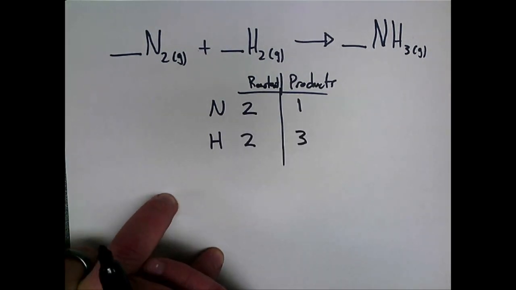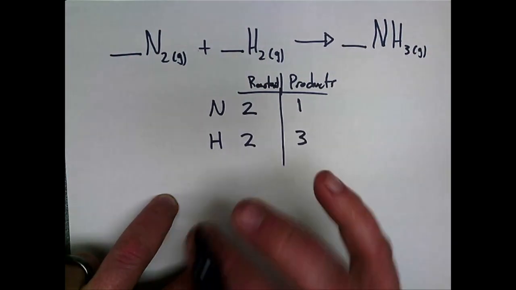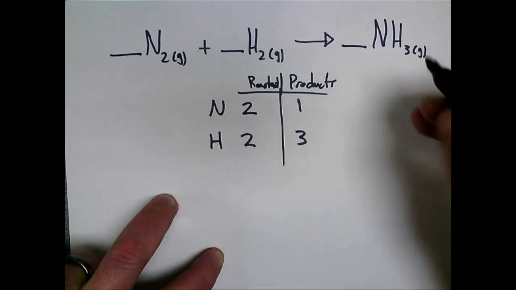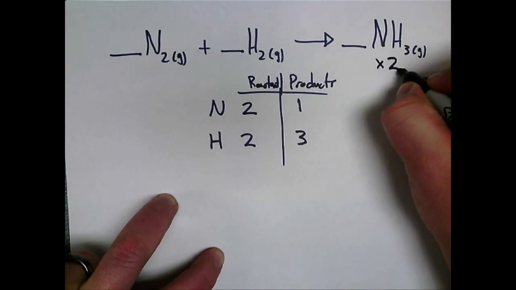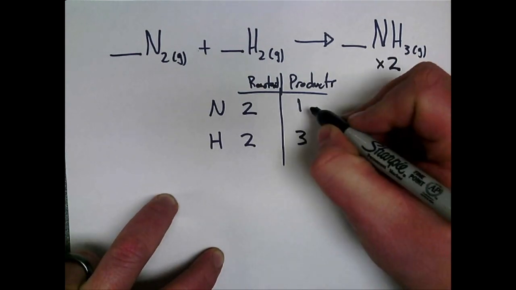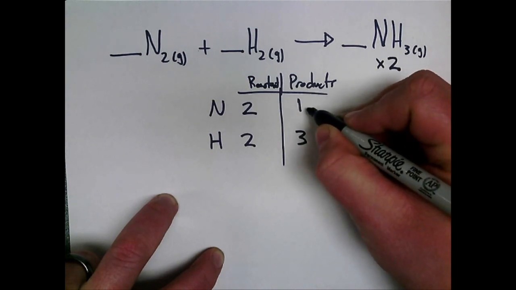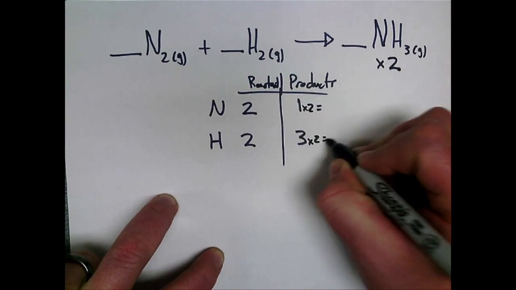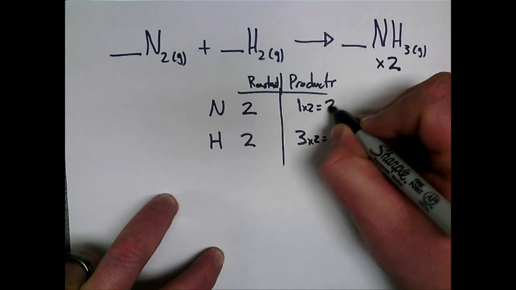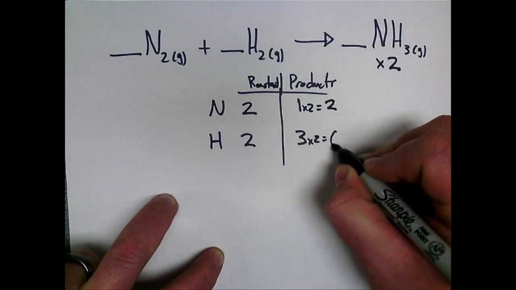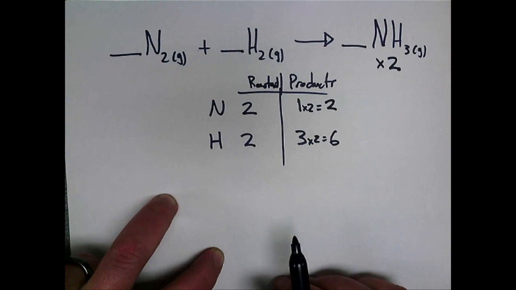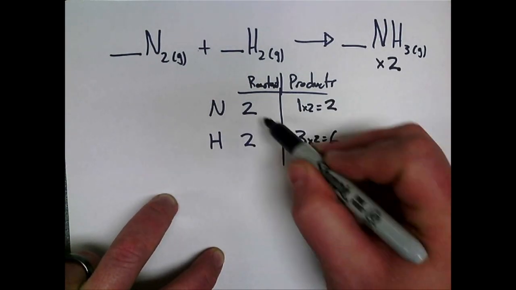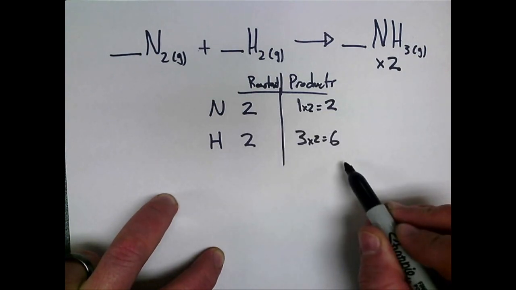So I'm going to try to fix that. I'm going to start with the nitrogen. Since this is 2 and 1, I'm going to times this by 2. And by timesing this by 2, I'm going to times everything in here by 2. That means I now have 2 nitrogens and 6 hydrogens. So now I have 2 and 6, so my nitrogen's fine, but my hydrogen's not.